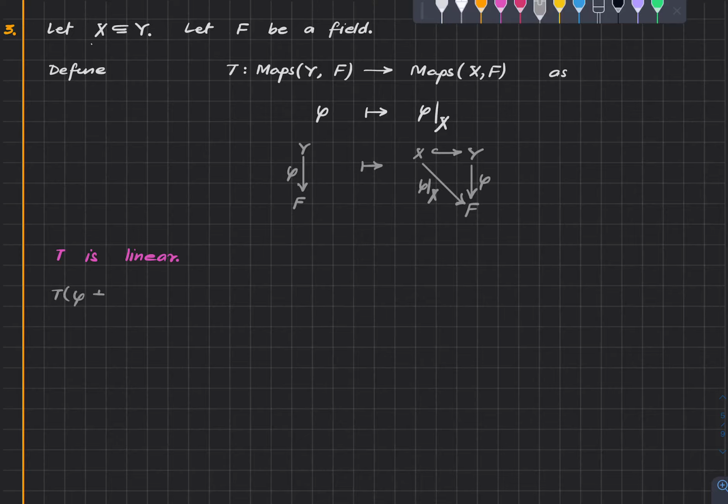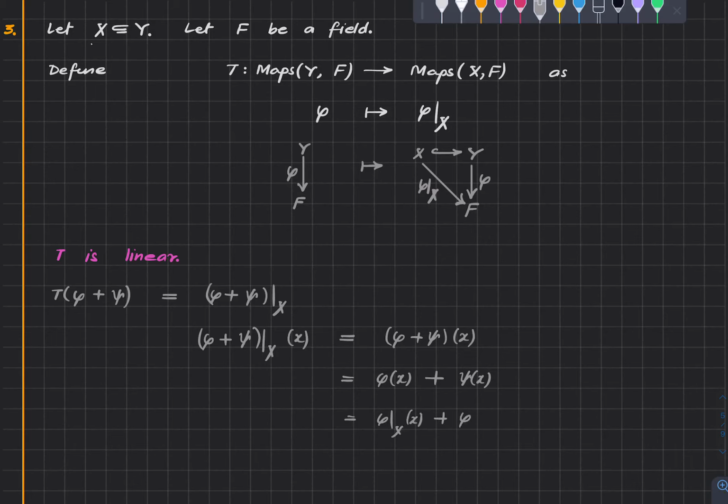So T of phi plus psi is by definition phi plus psi restricted to X. But when you feed something from capital X, this by definition is this, which by definition of addition of two maps is phi restricted to X fed x and psi restricted to X fed x, which is T of phi of x plus T of psi of x, which is T phi plus T psi of x.